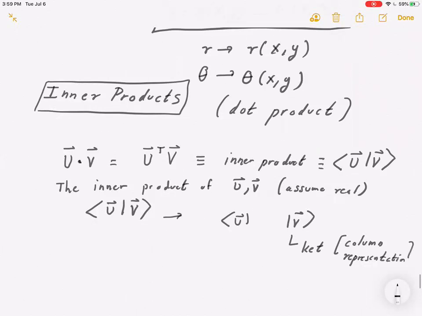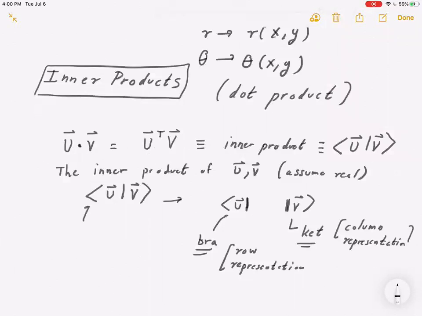The second part is this vertical bar, which if I fuse these two things together, I just get one. And the thing on the left is a bra, B-R-A, and that's just a vector in row representation. And you can see where the names bra and ket come from. If you fuse these things together, you get bracket, with pointed brackets at the end.